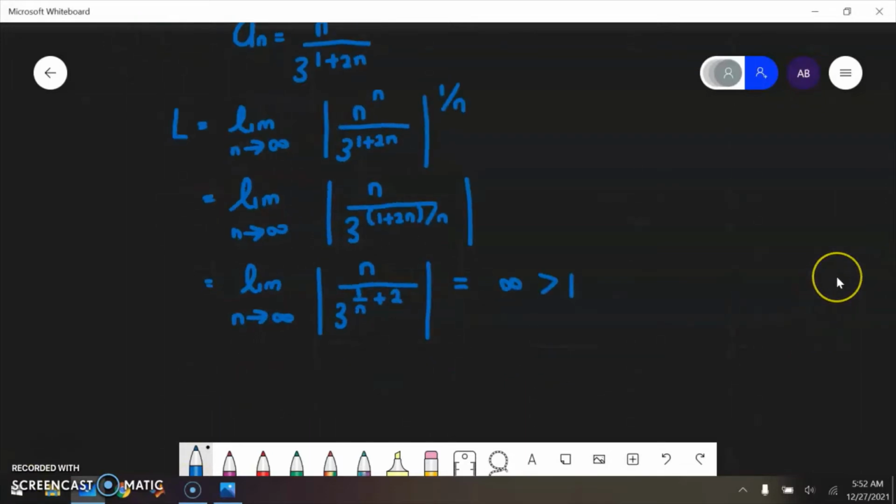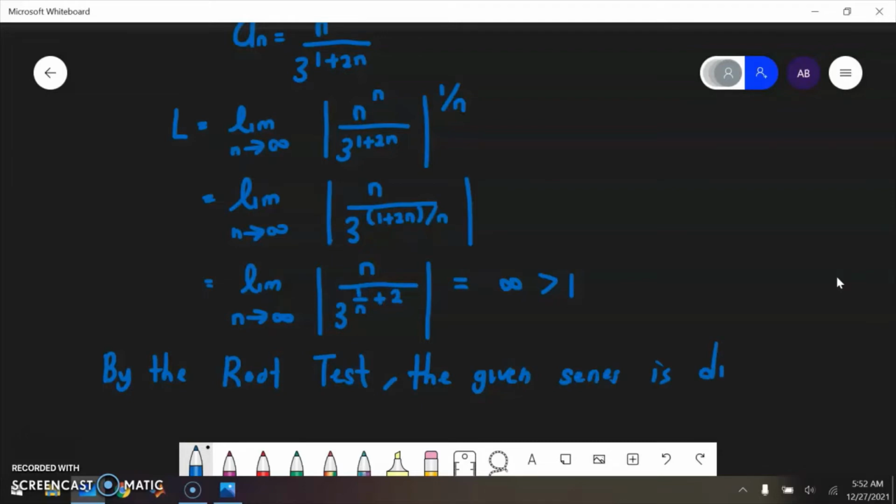So we can say that by the root test, the given series is divergent. Or you can say by the root test, the given series diverges. So this is an example of how to use the root test. It is very important to use the root test when you have a series involving terms to the power of n.